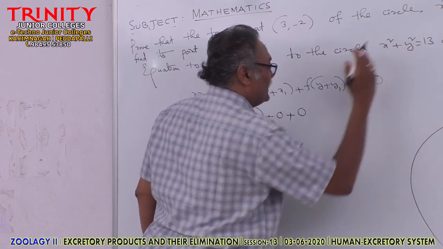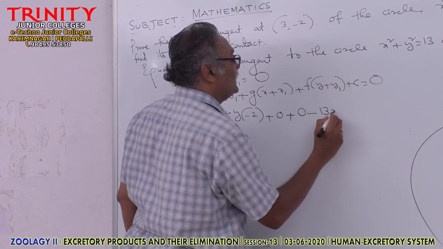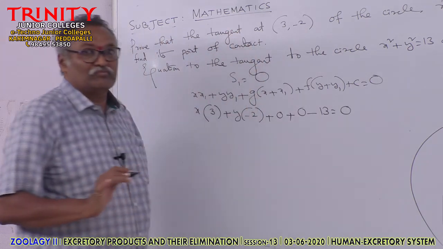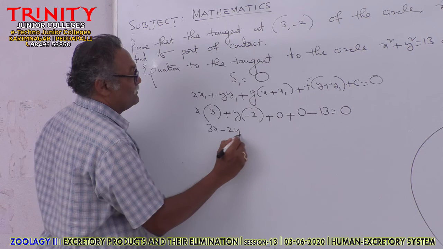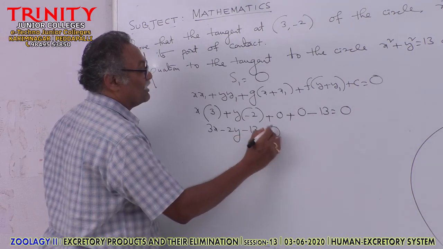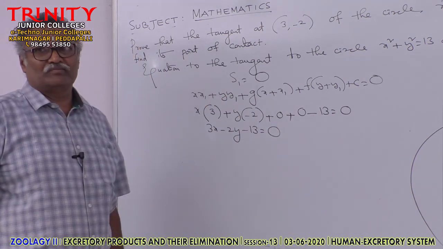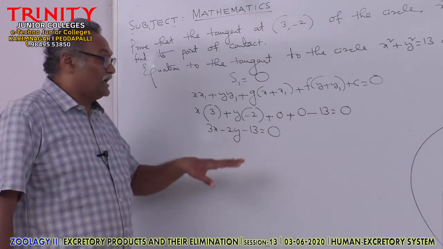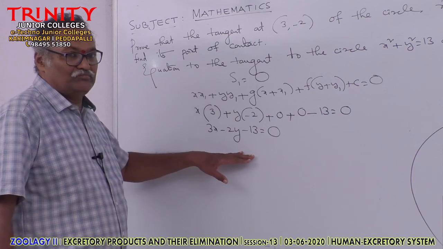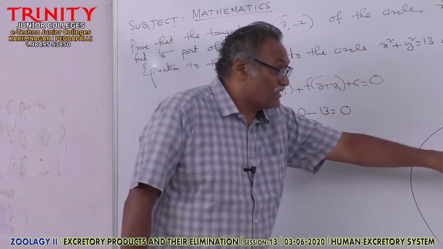C is minus 13 equals 0. That is 3x minus 2y minus 13 equals 0. Okay. Now we have to prove that this tangent is touching another circle.